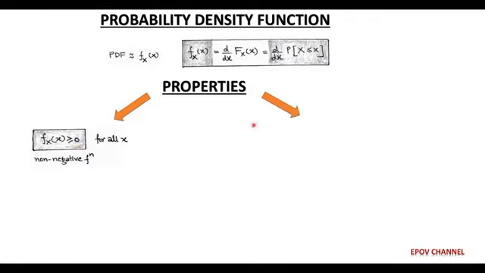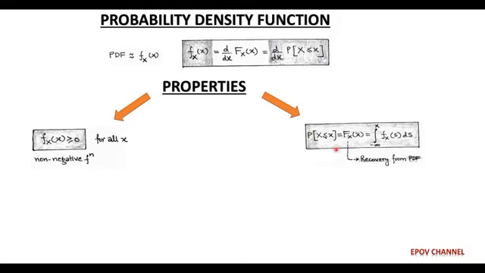Next property is, the cumulative distribution function denoted by capital F can easily be recovered from probability density function or PDF, using the formula capital F function small x equals integration of small f function s ds. Here small s is taken as a real value for our convenience, and limits of s is from minus infinity to small x.